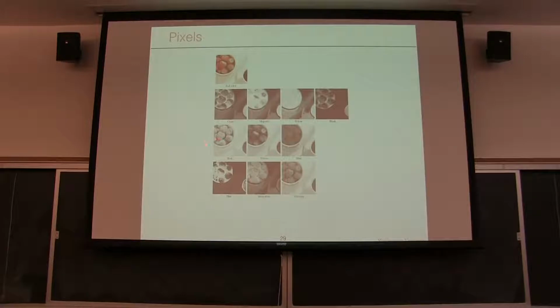The next row has the red, green, and blue. Again, you see that they look like grayscale images, sort of the original image, but none of them is really a grayscale representation of it. It's just capturing some of the colors, the primary colors, how much of each of those are there. And the last row has hue, saturation, and intensity.